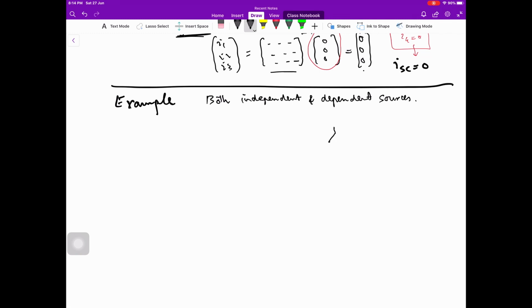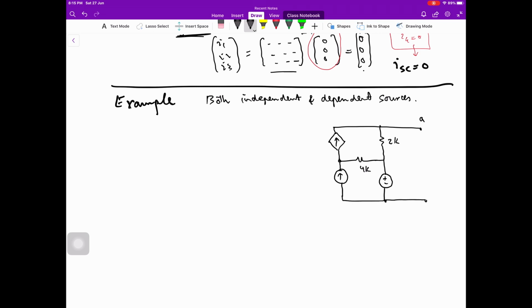I have selected an example with a dependent current source with an independent current source. I'll show you values, and this is 4K, and this source is an independent voltage source, and the resistance over here is 2K, and the circuit is like this.